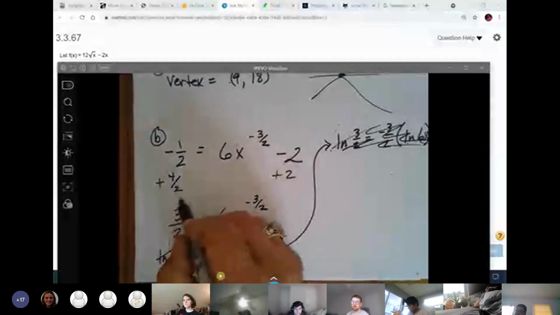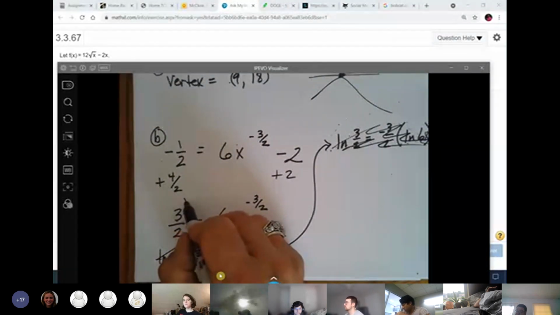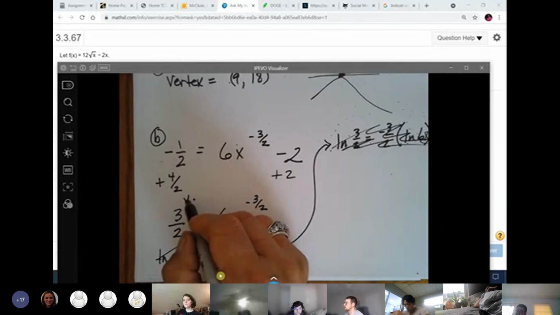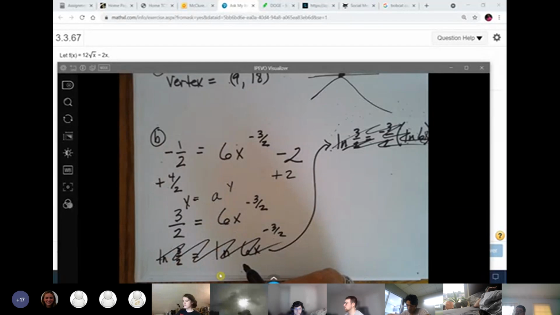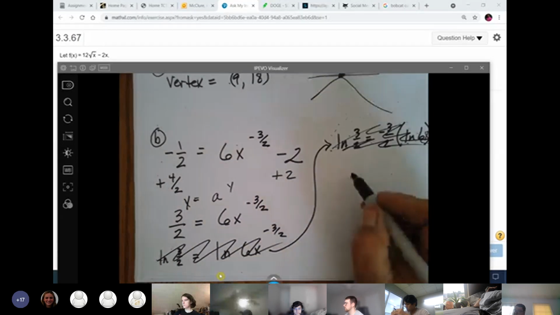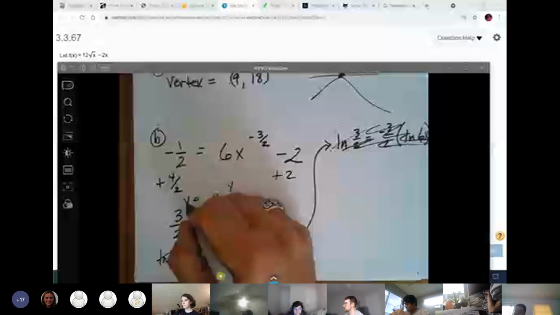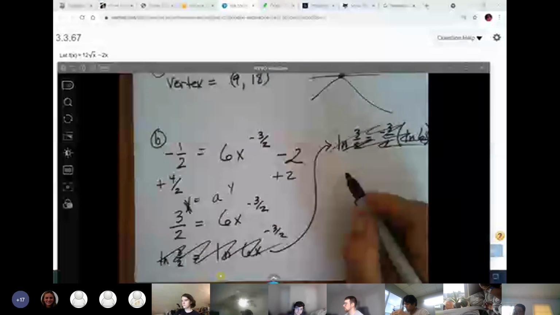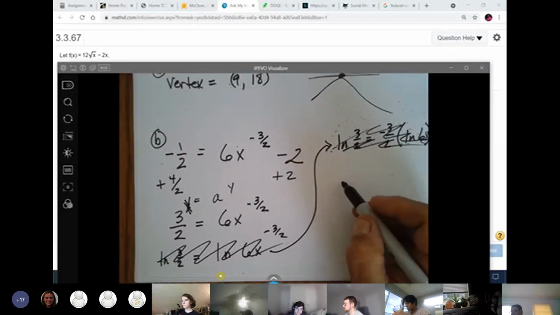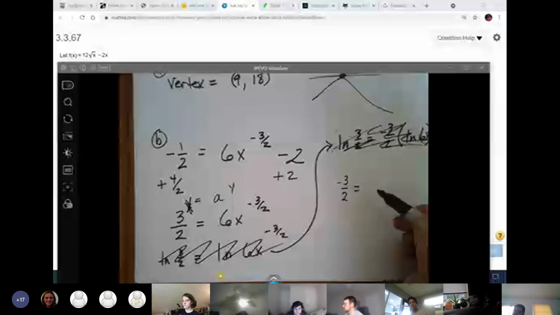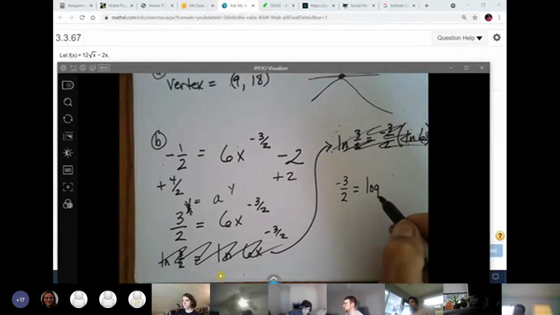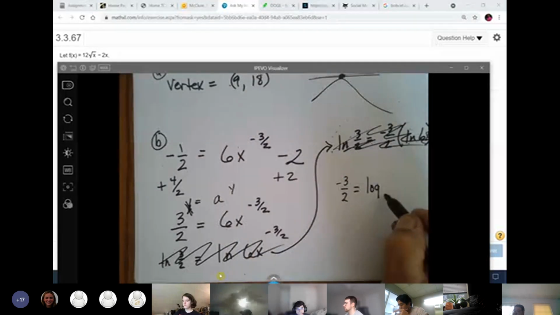Yeah, that's not going to help us. We're going to use the definition of a logarithm. So that will be, wait a minute, x is equal to a to the y. Y is -3/2 is equal to log base 6x of +3/2.